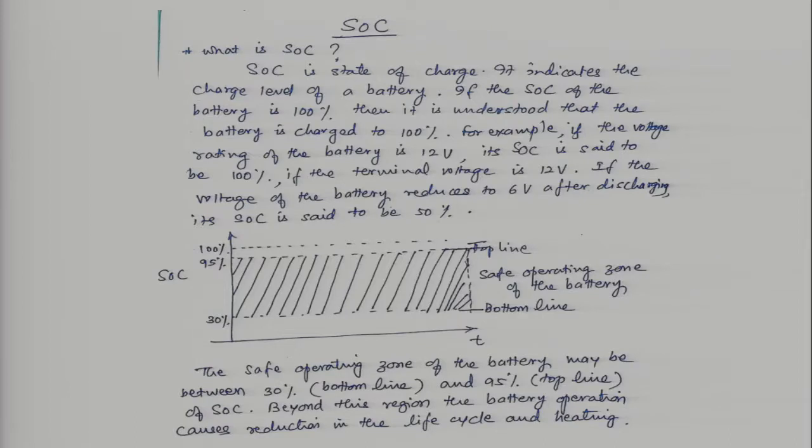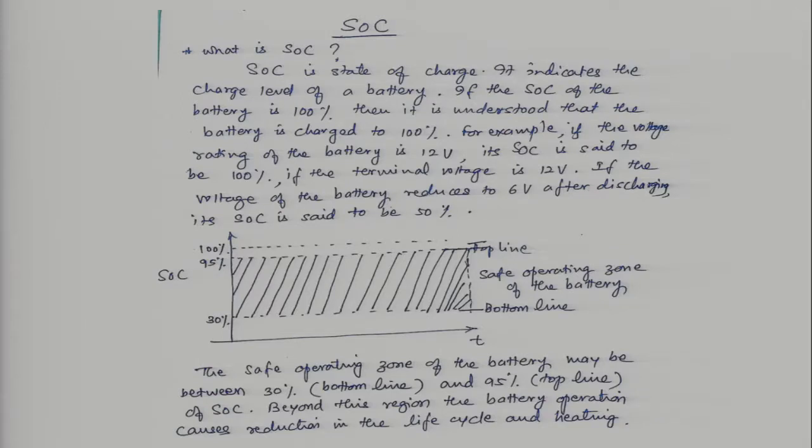Now here, suppose you have a 12 volt battery, the 95% of 12 volt is this top line. So it could be around 11 volts, and 30% is 3.6 volt. So this is 3.6 volt line and this is 11 volt line.